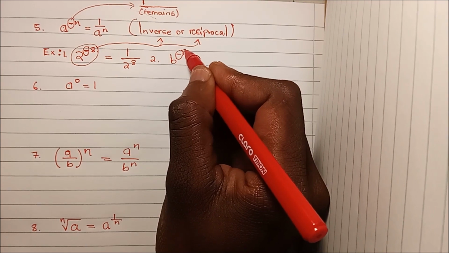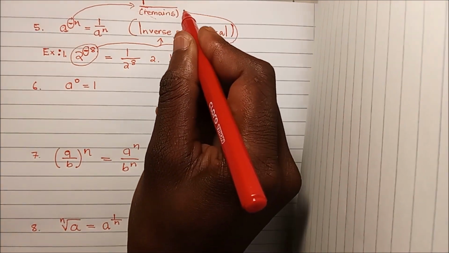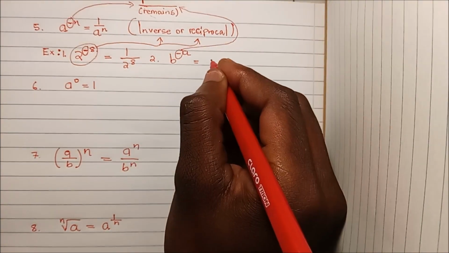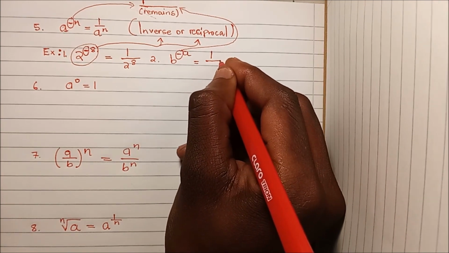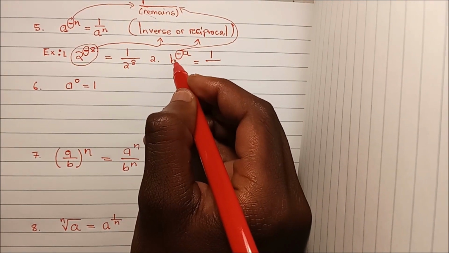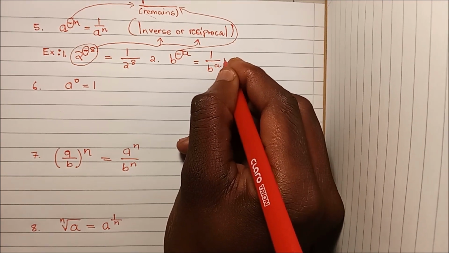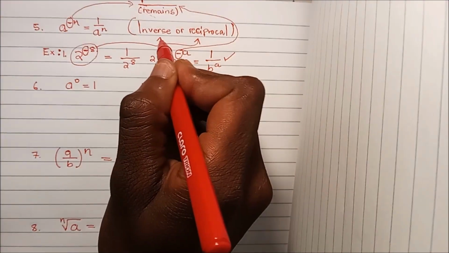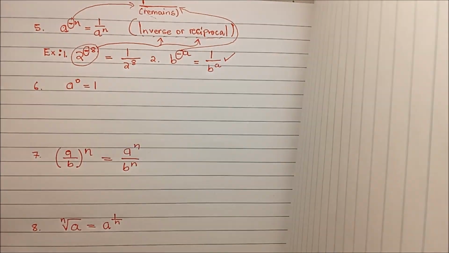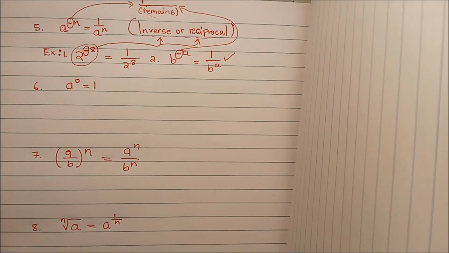Because of that negative exponent, we will have 1 over. If you remove the negative, what remains is b to the exponent of a. So you need to take note of this information that I'm giving you.